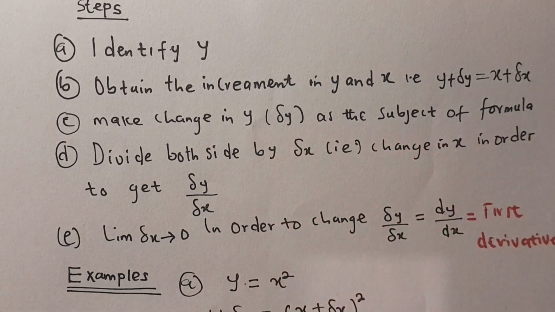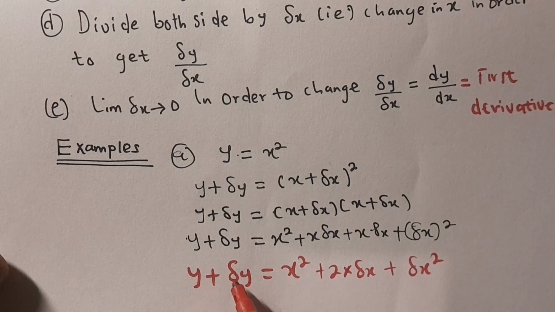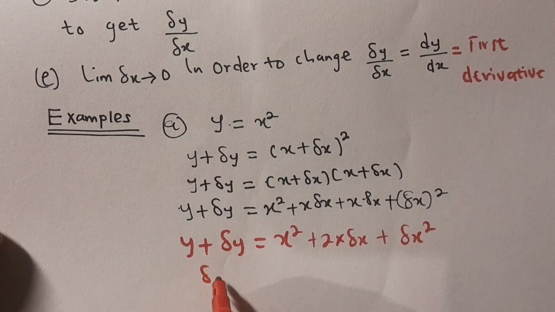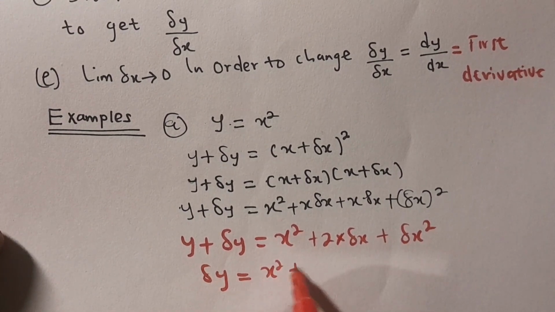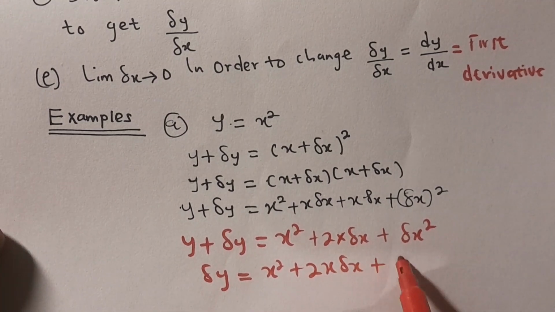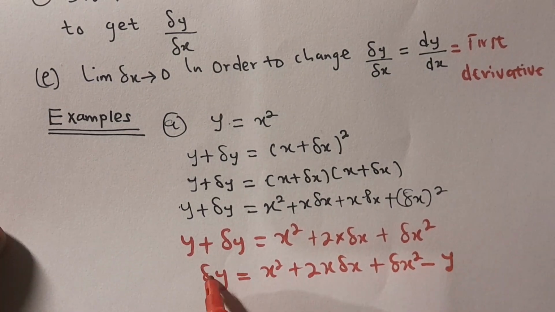So from here, the third step says make change in y the subject of the formula. Then the y goes to this side. We have change in y equals x squared plus 2x change in x plus change in x squared, minus y.